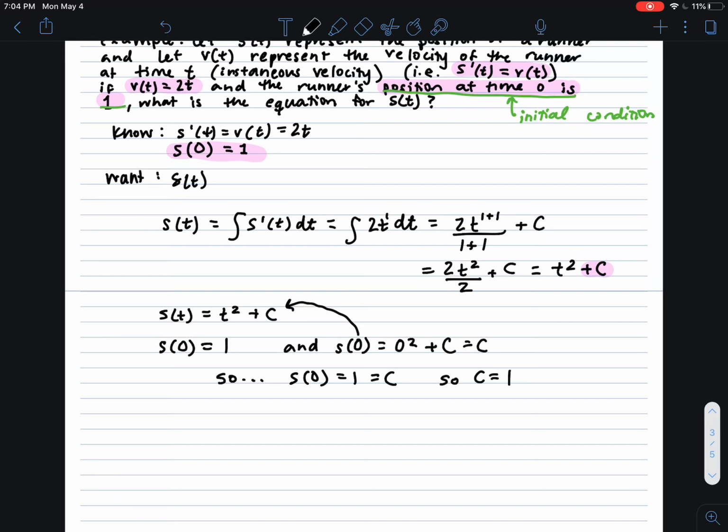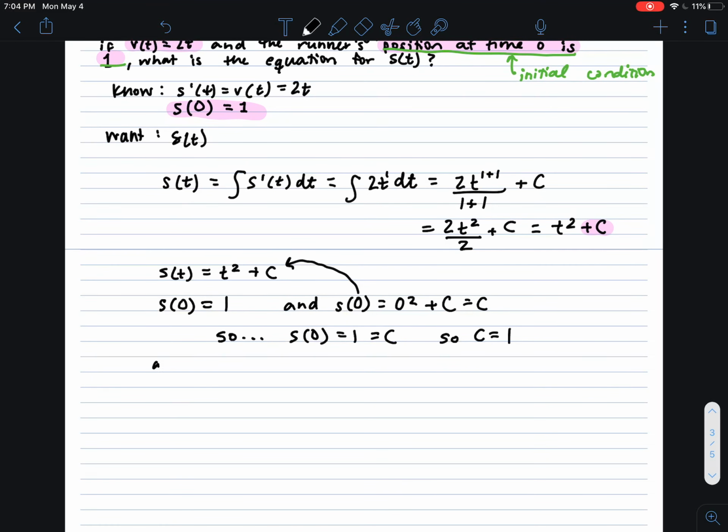So c equals 1. And we have s of t is equal to t squared plus 1 for our final answer, because we just replace our c with this value 1 that we found using our initial condition, right?